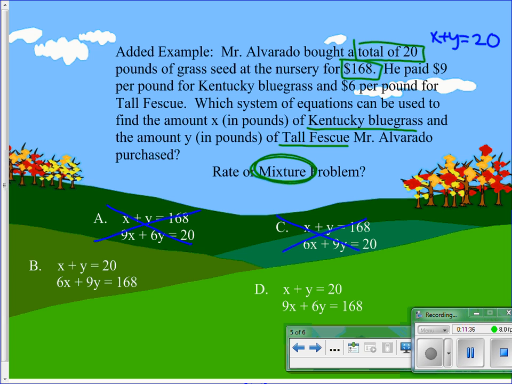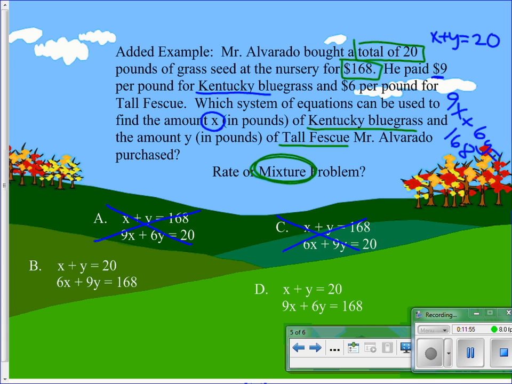So let's go to my next equation where it's $9 per pound for Kentucky, and that's my x. So I'll probably have 9 per pound for my x plus 6 per pound for my y, and that should equal my 168.